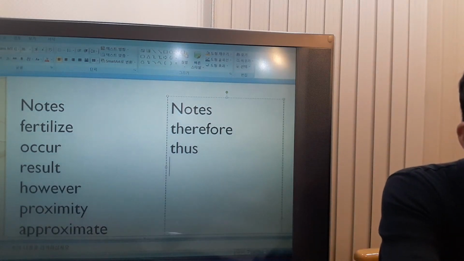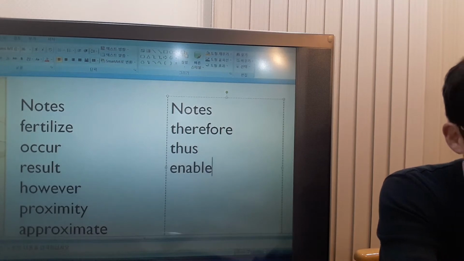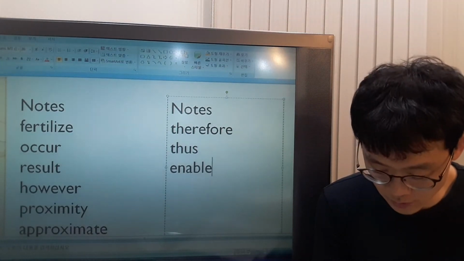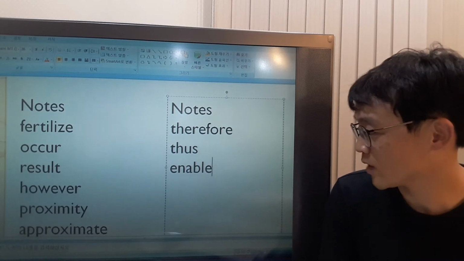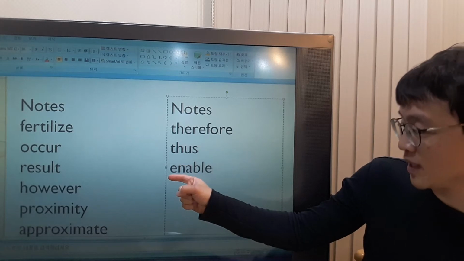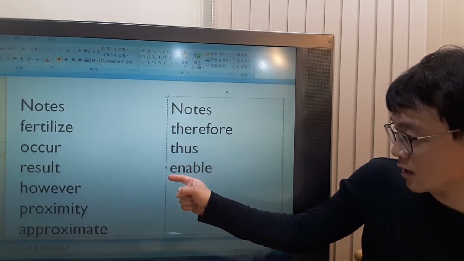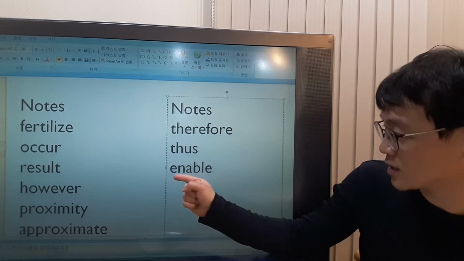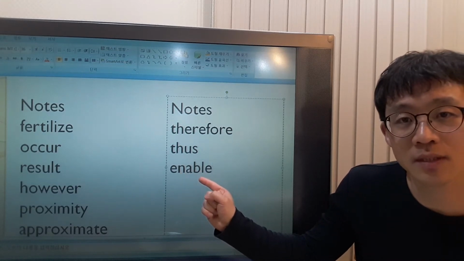What does that mean, enable? Enable means make something possible for something. You understand? If you have N or M, E-M, right? It makes it, what comes next? So, make something able. Do you understand?